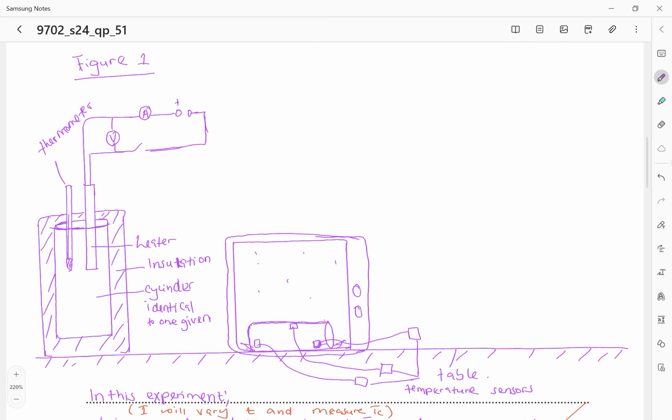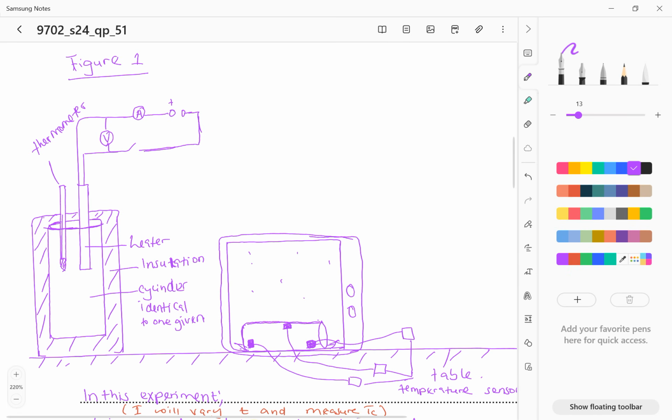I have placed several temperature sensors around the cylinder at different parts. Of course I can't show many of them, so I've just placed these to show that I used many of them around the cylinder. I have labeled them. Maybe I can change the color for labeling so that they appear visible. So these ones are temperature sensors.